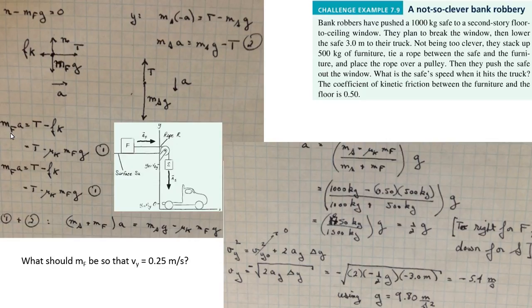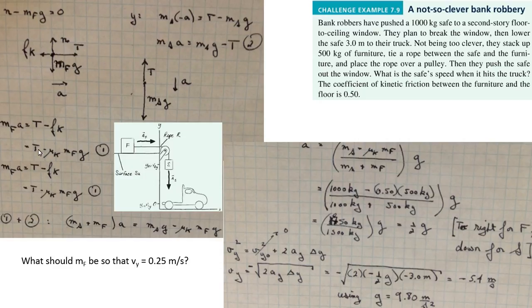Then we can write a Newton number 2 in the x direction for the furniture. The mass of the furniture times the acceleration to the right is equal to the rightward tension force minus the frictional force. And from the y Newton number 2 for the furniture, we can see that N is equal to the weight of the furniture, and therefore we can replace F sub k with mu sub k times m_f g.